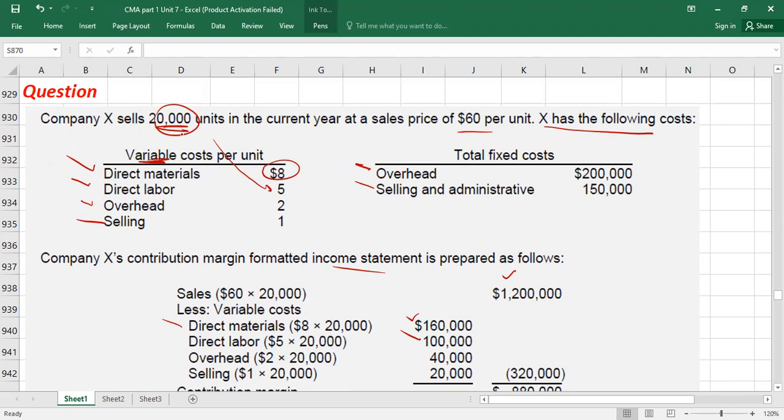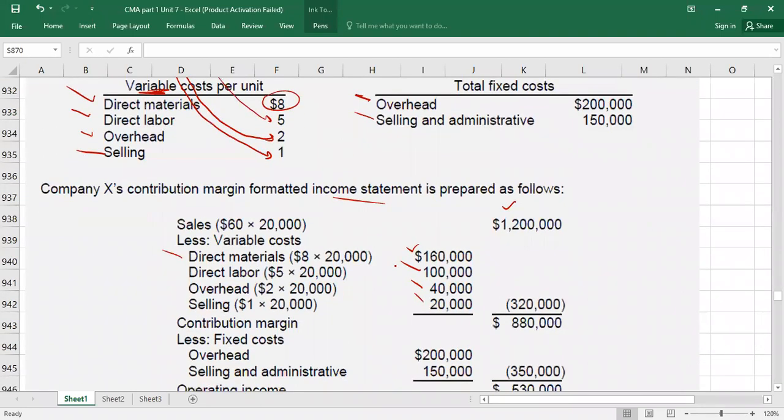Variable overhead: 20,000 units times $2 gives 40,000. Selling cost: 20,000 units multiplied by 1 gives 20,000. Sales less all variable costs, 320,000, you deduct from here, and you will get the contribution margin.